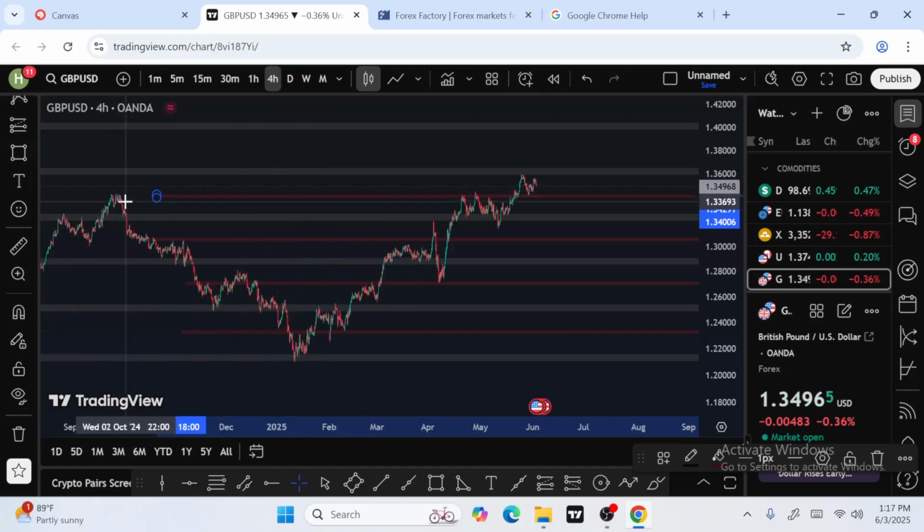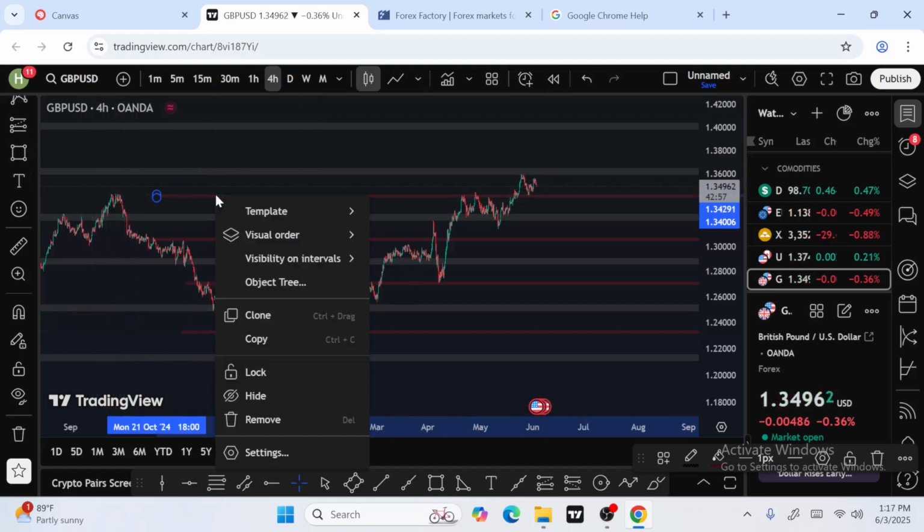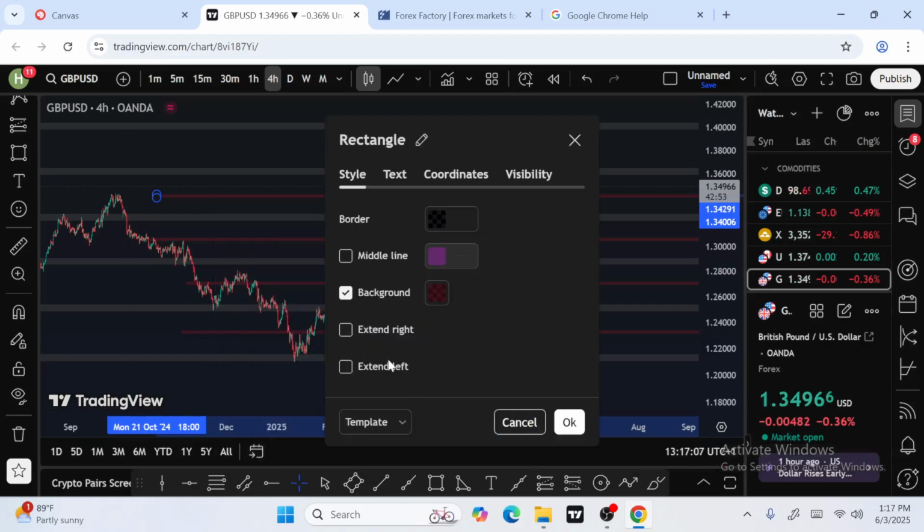Do you see? We went back now. So let's do it. Where is it? Settings. Extend left. You see, he touched it. Perfect. Well done.